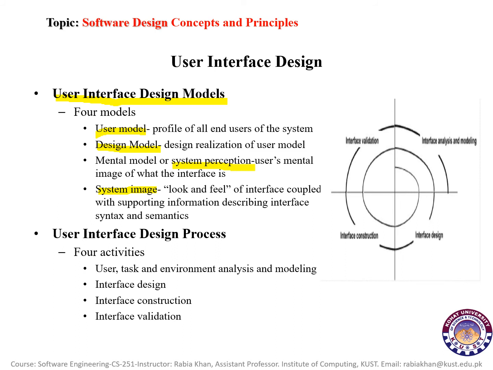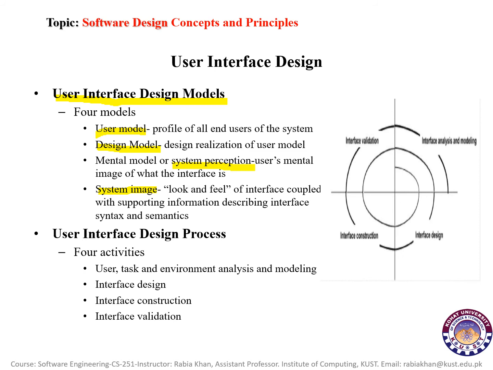In order to accomplish this melding of the models, the design model must have been developed to accommodate the information contained in the user model. So you have to provide the mechanism on the basis of user profiles. Then your system image must accurately reflect the syntactic and semantic information about the interfaces.